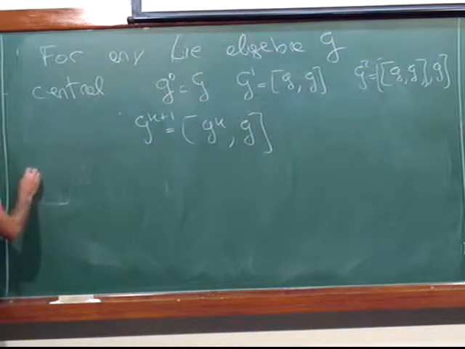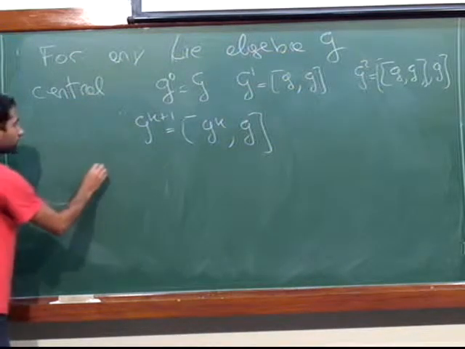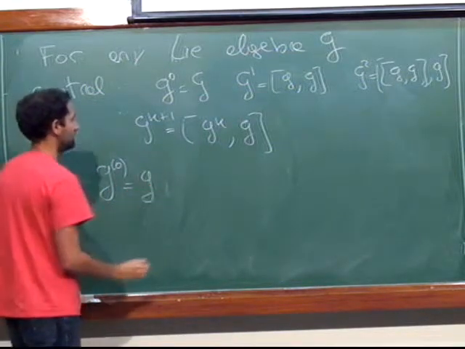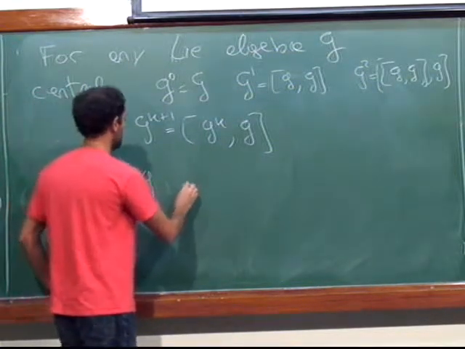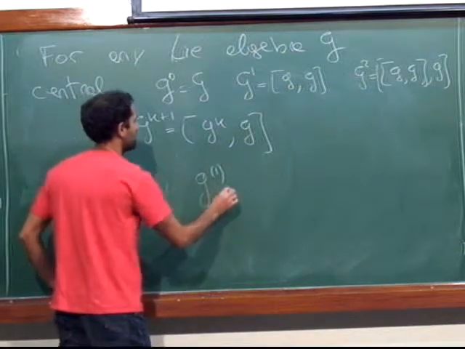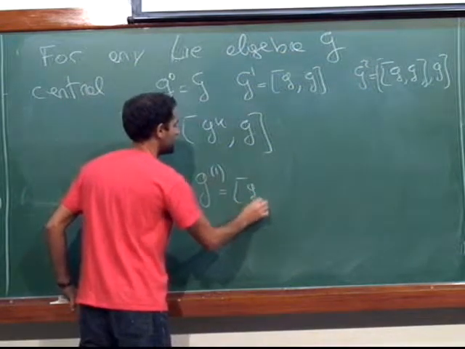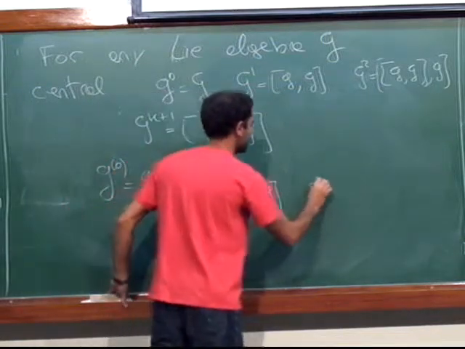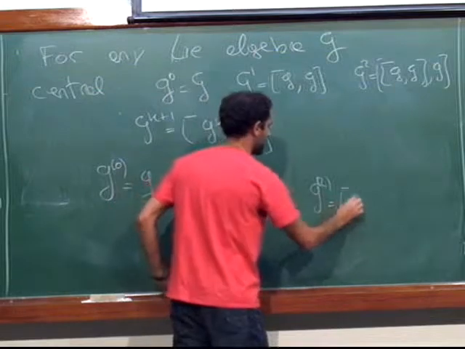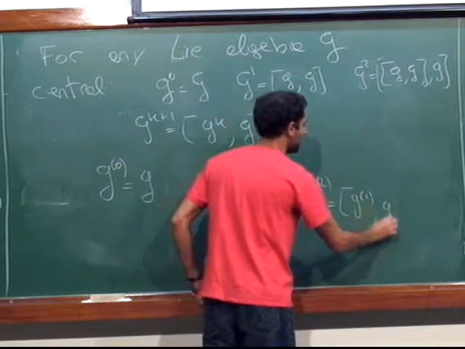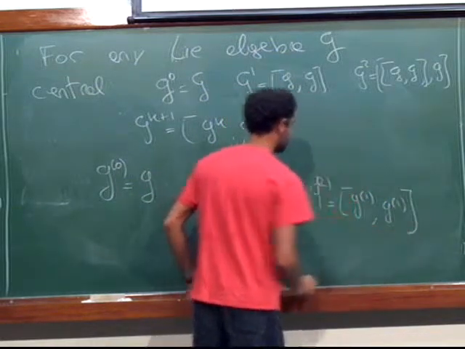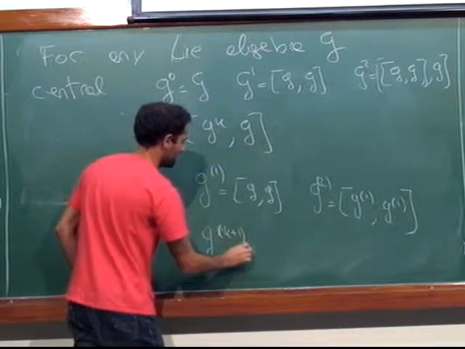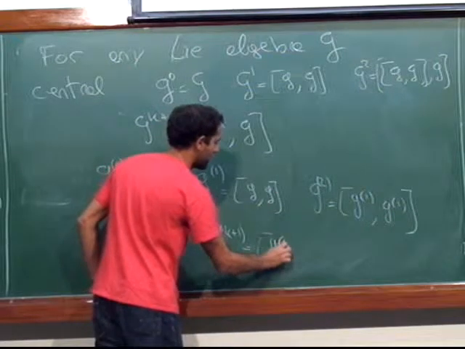And let's define another one. Let's say G0 is equal to G, G1 is equal to G. G2 is equal to G1 bracket G1, and G(k+1) is equal to G(k) bracket G(k).